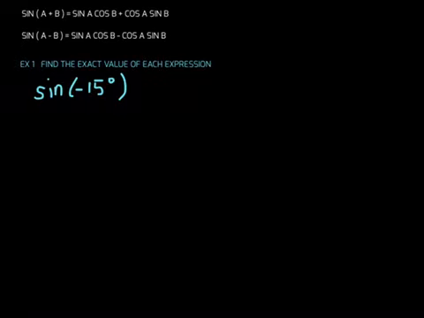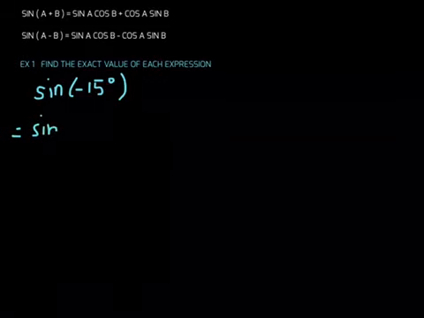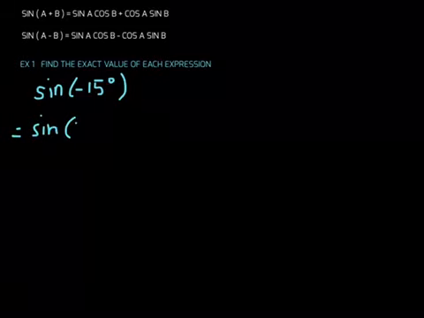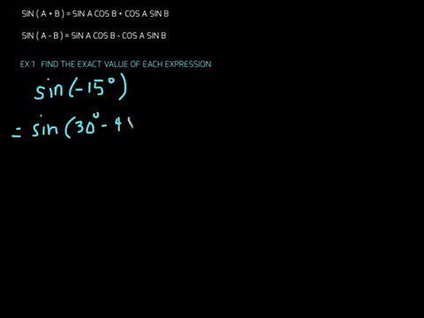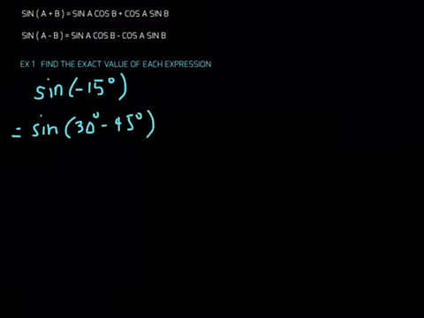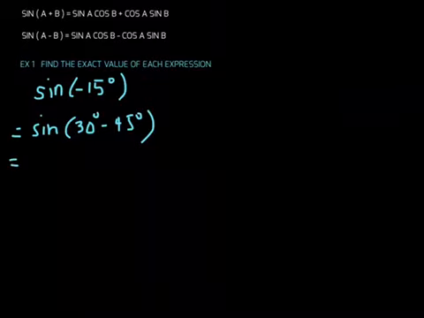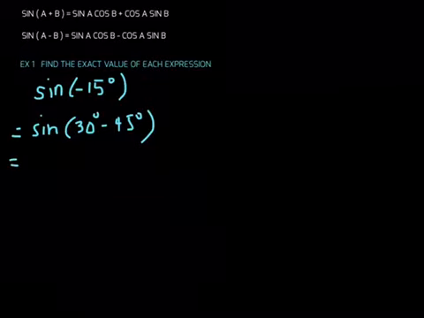All right, so I'm going to say that sine of negative 15 degrees is equivalent to 30 degrees minus 45 degrees. That's the same thing as sine of negative 15 degrees. You can see I rewrote this as a difference, so I'm going to follow this pattern up here.